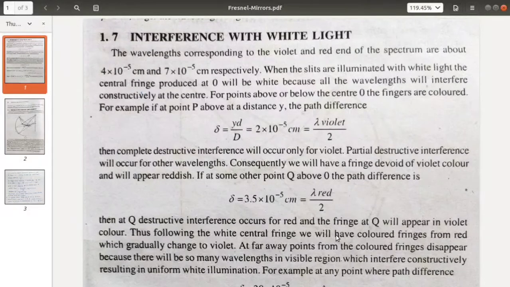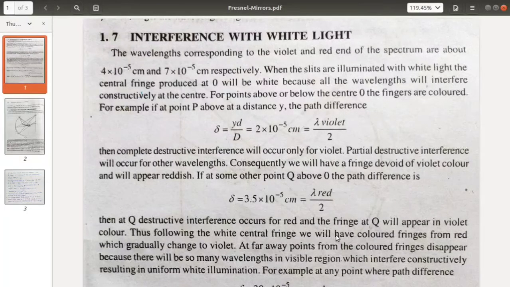That is, the lights from the two slits produced from this white light source are interfering on the screen, and whether the path difference is satisfying the condition for constructive interference or destructive interference, the color will vary accordingly.